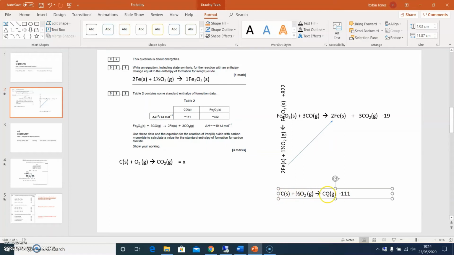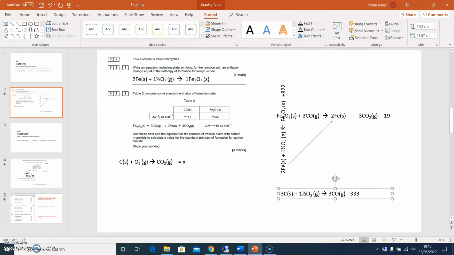So if that enthalpy change is minus 111, if I make everything times 3, 3 C's, 3 amounts, 1.5, 3, the enthalpy change, the heat change, because I'm using 3 times the quantities, is going to be 3 times 111.